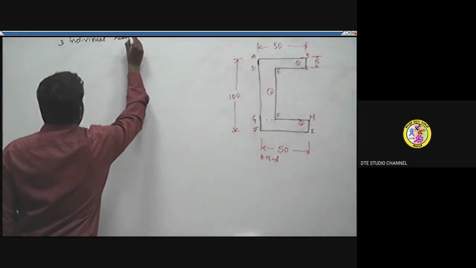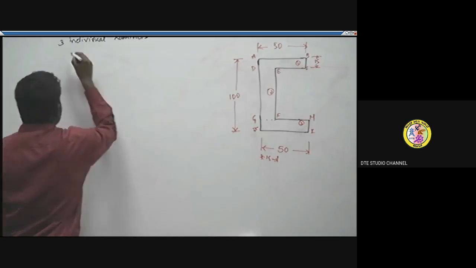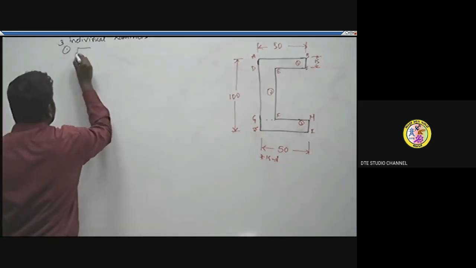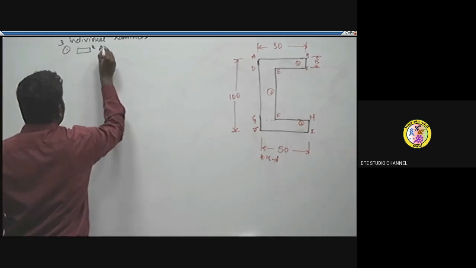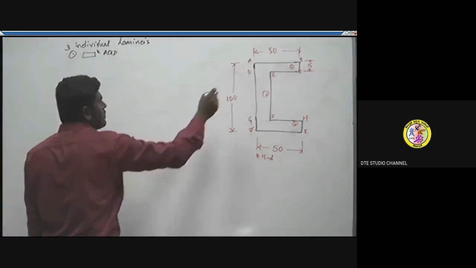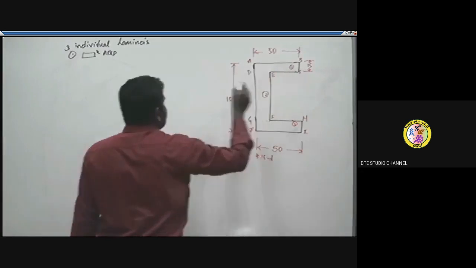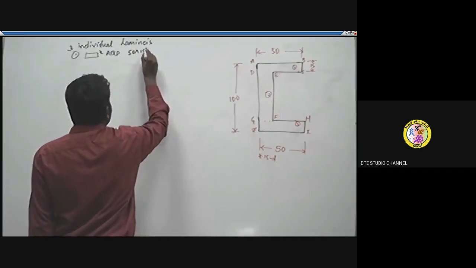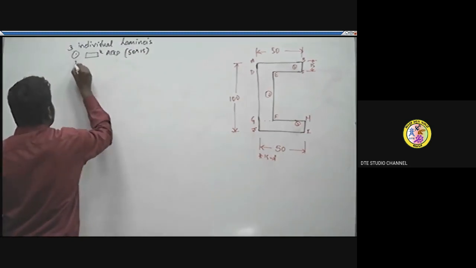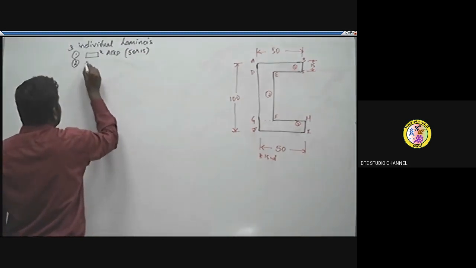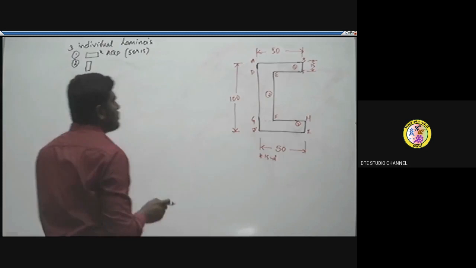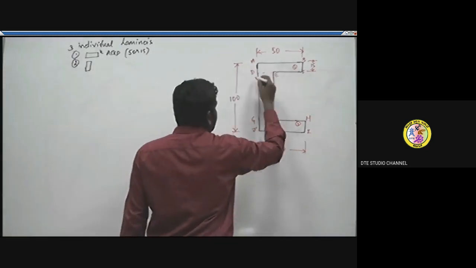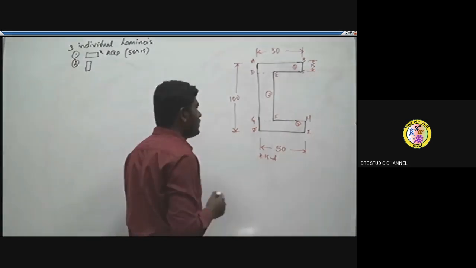The first one is a rectangle ABCD, with cross section length 50 into breadth 50. Similarly, there is another rectangle. I'm going to mention its cross section here itself. I'm considering DEFG as one rectangle.